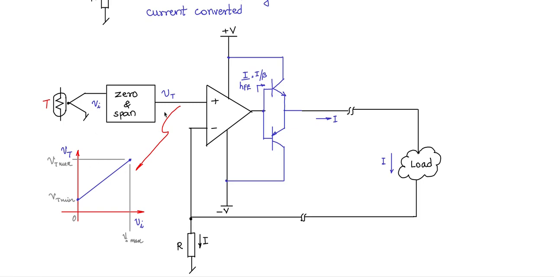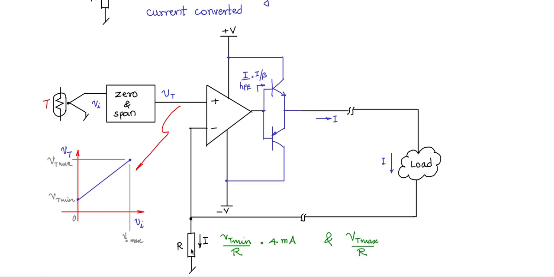So when Vi is 0, Vt is at Vt minimum. This is that offset. So what is that value of offset? That offset gets translated to the node voltage here, and that divided by R will be Vt min by R, which is 4 milliamps. That will be the minimum current. So when Vi is 0, you can set R to have 4 milliamps flowing in this loop here. And when Vi is maximum, Vt is maximum, and therefore this will be Vt max at that point.